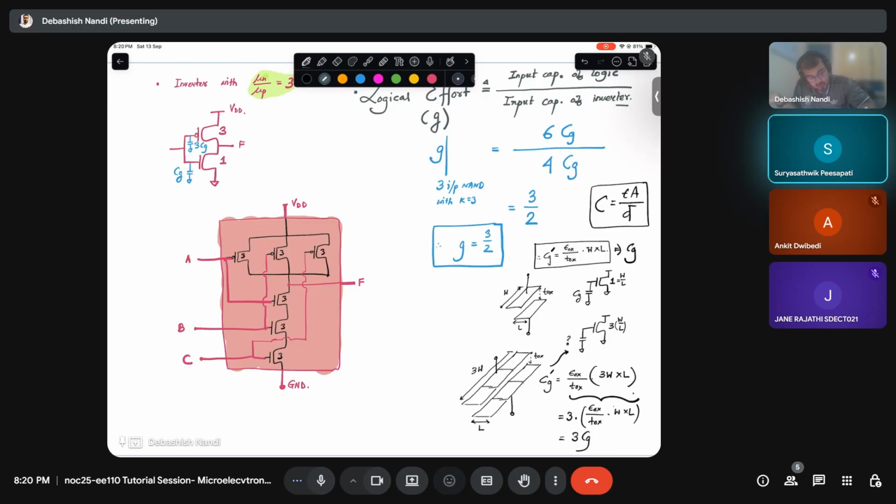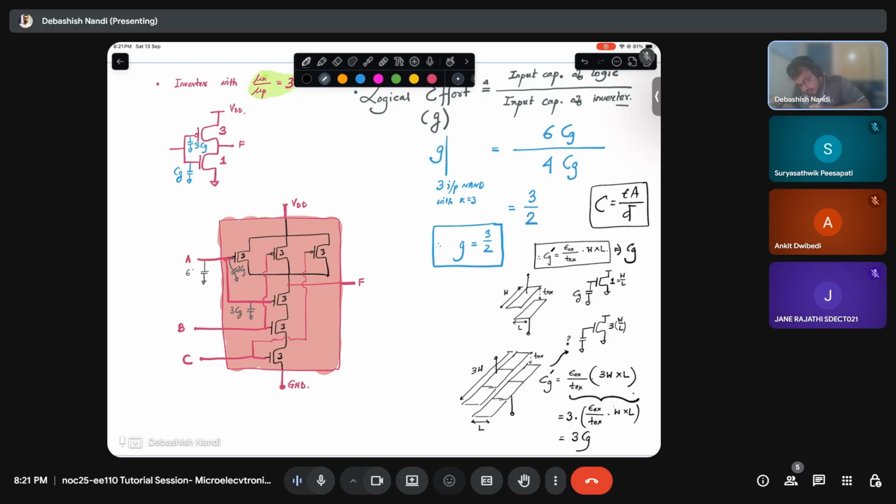Yes, sir. So basically what is happening at this place, you have a capacitance of 3 Cg. At this place you have a capacitance of 3 Cg. So these two are getting in parallel. So overall in this place you are going to see 6 Cg at the input of your entire gate. So that is what is written here.